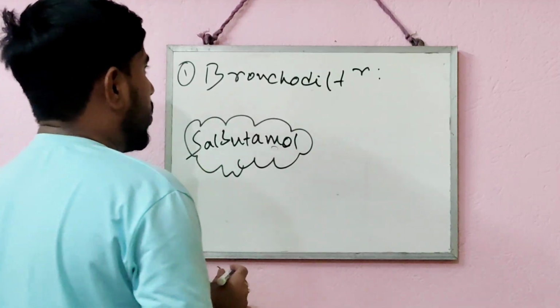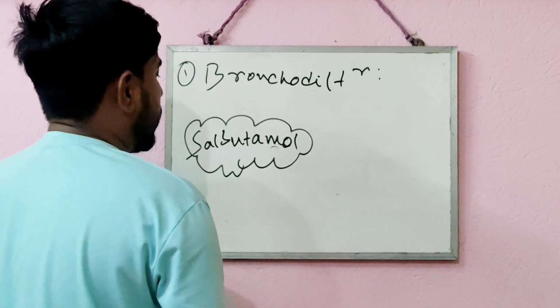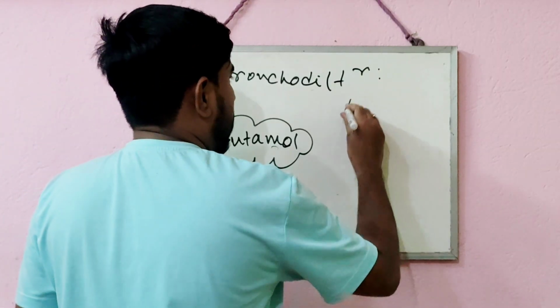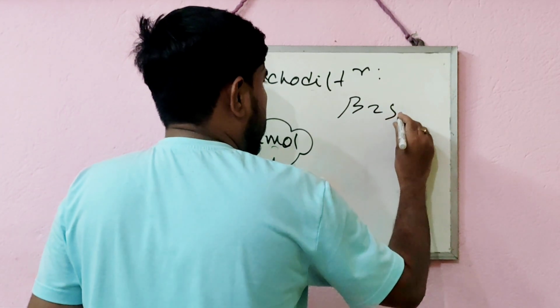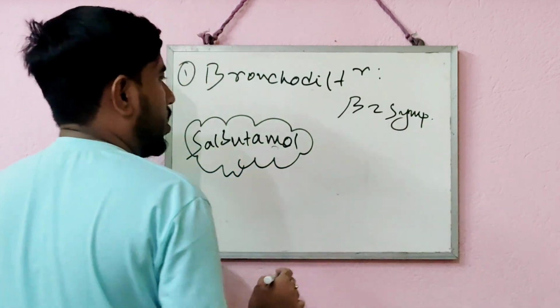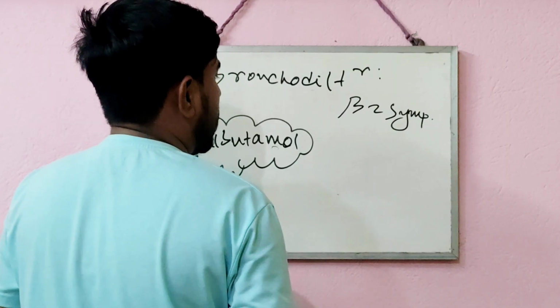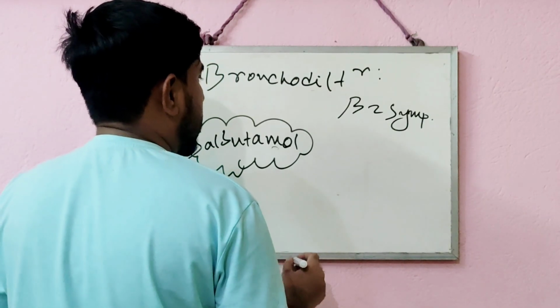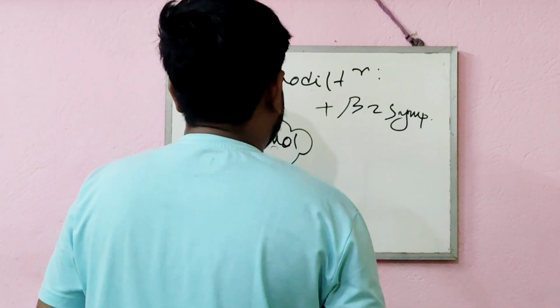So in bronchodilation, the first subclassification we have studied was beta 2 sympathomimetic. From the name only you can understand this is the drug which generally acts on the beta 2 receptor and shows its action by binding with the beta 2 adrenergic receptor.